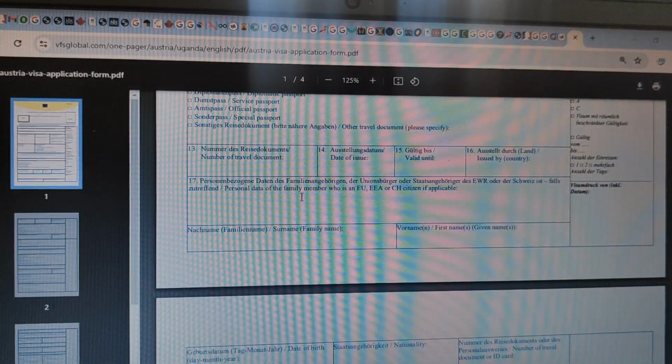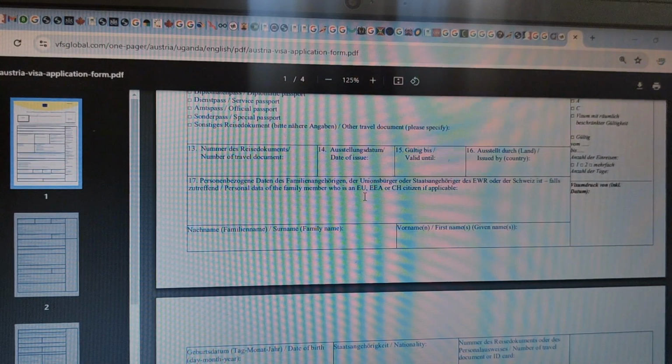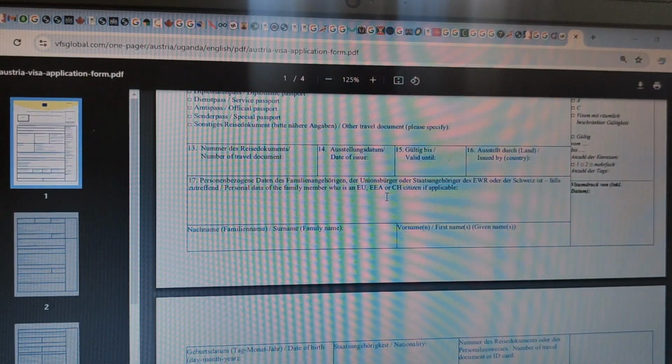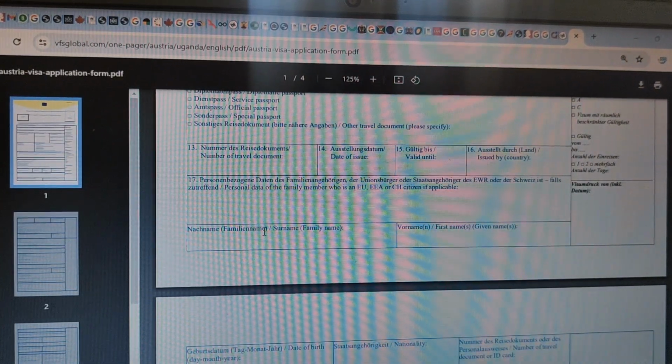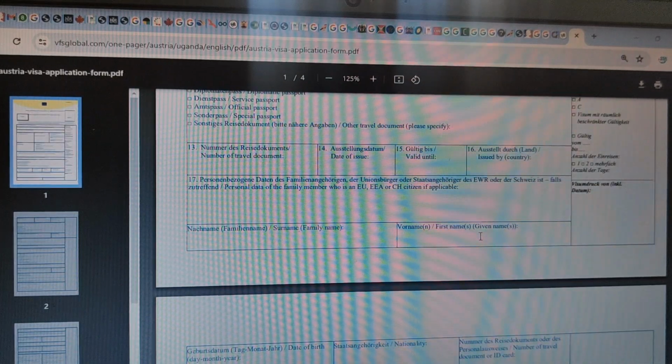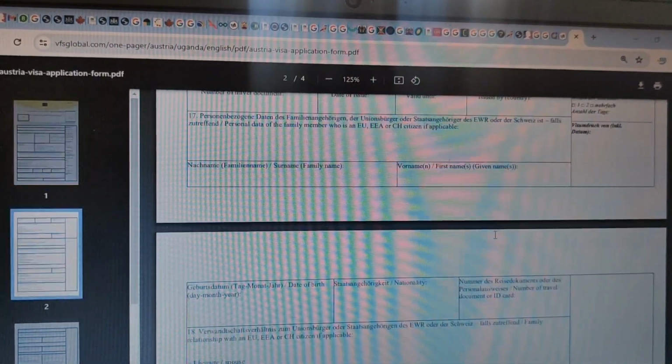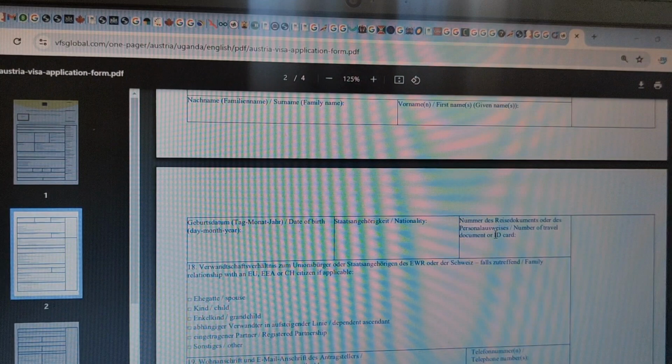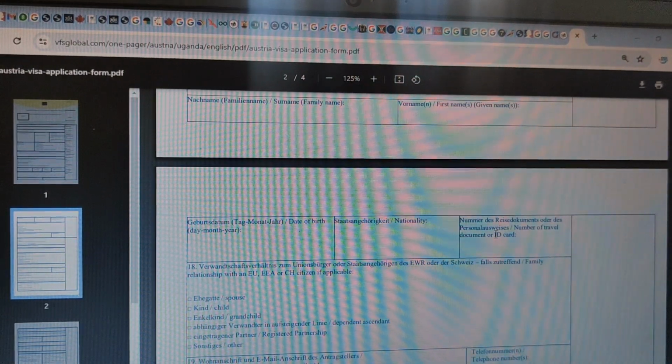Personal data of the family member who is an EU, EEA or CH citizen, if applicable. The surname, first name or given name. Date of birth, day, month and year.